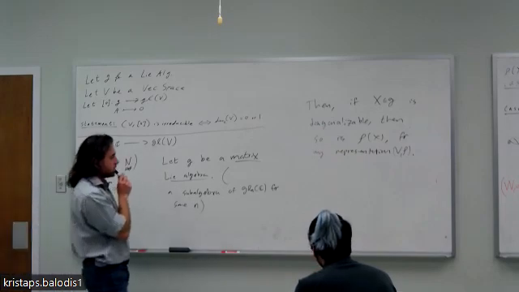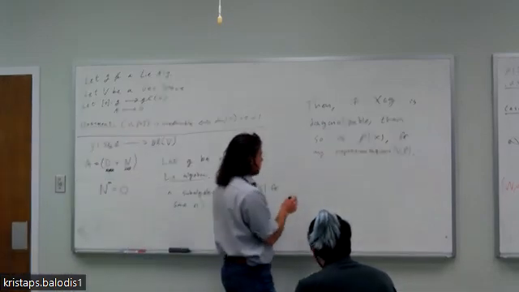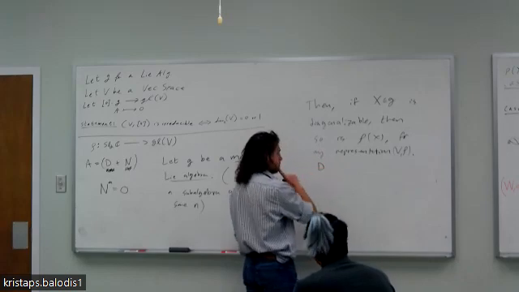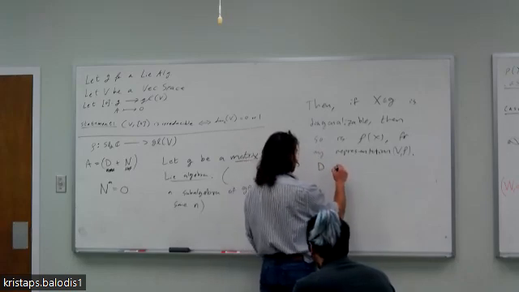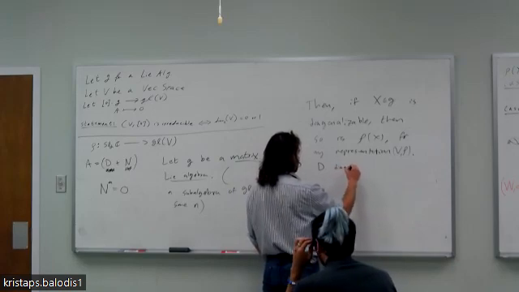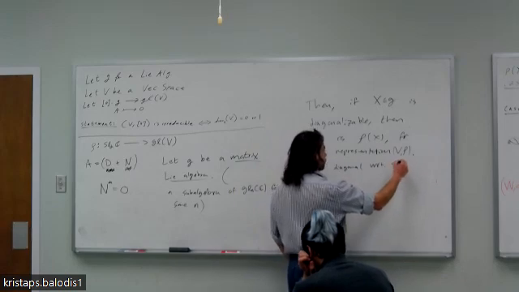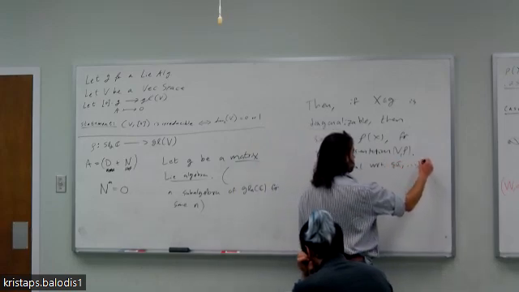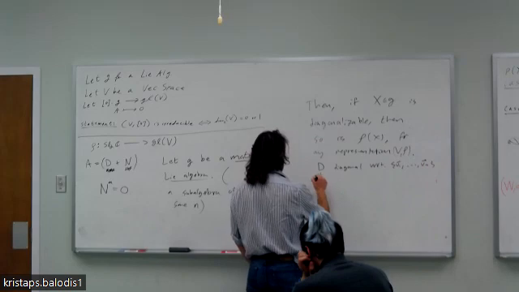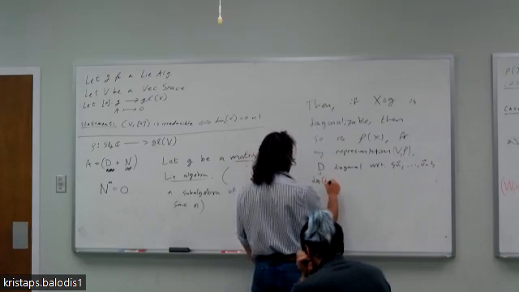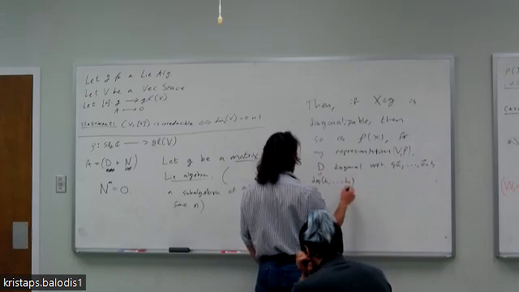So what does that mean? Suppose I have a vector space, and some linear transformation, some matrix D which is diagonal with respect to some basis V1 up to Vn. Let me write D as the diagonal matrix D1 up to Dn.